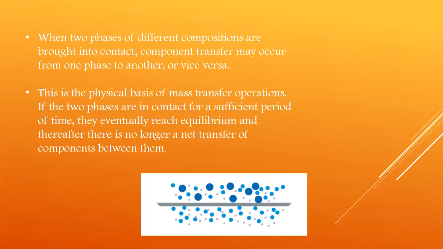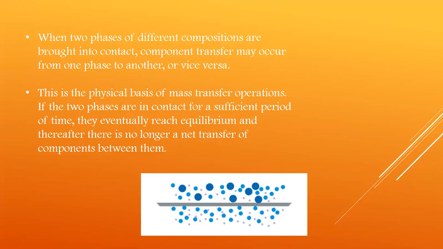Just like the concept of reversible processes when they are already equilibrated, we say the rate of the forward reaction is equal to the rate of the reverse reaction. So it's the same thing with equilibrium already existing in phases that have established it. So mass transfer will only occur if they are not yet equilibrated.